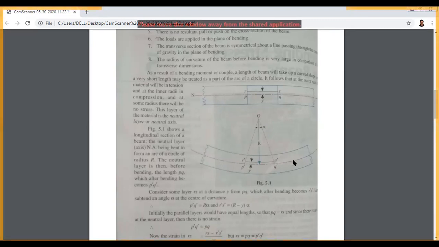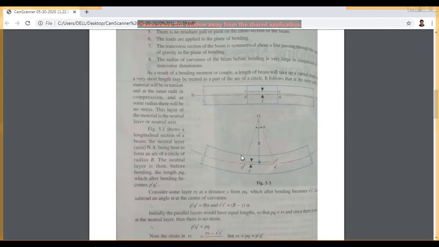So in sagging, we have a plane called the neutral plane that is neither contracted nor expanded, because in sagging we see that the top portion or the top face of the beam is contracting.